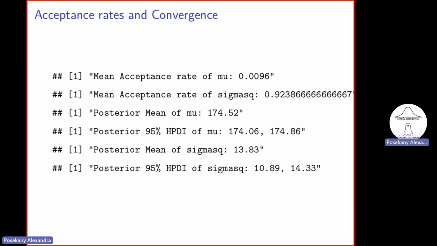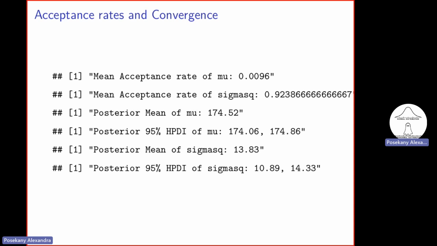The acceptance rate of the mu is 0.0096. So if we round it up, it's 1% of all our simulations which we're actually accepting, whereas for the sigma, it's 90%.